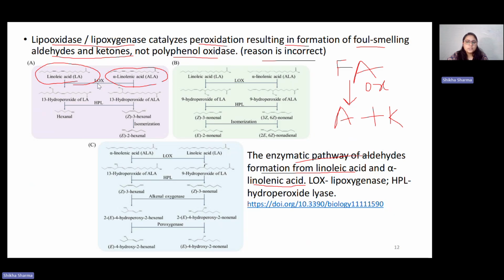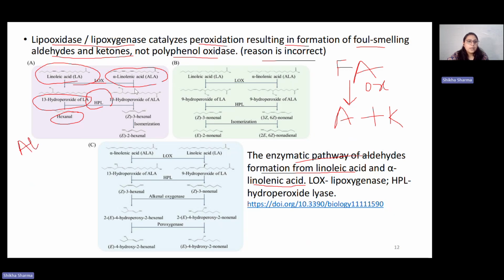When LOX, the lipoxygenase enzyme, acts on them, linoleic acid is converted into 13-hydroperoxides of linoleic acid, the peroxide form. Then the HPL, hydroperoxide lyase enzyme, acts and this is converted into hexanal. So an aldehyde is formed.